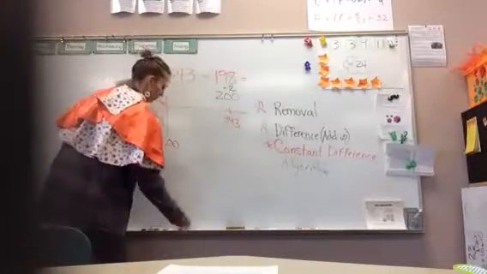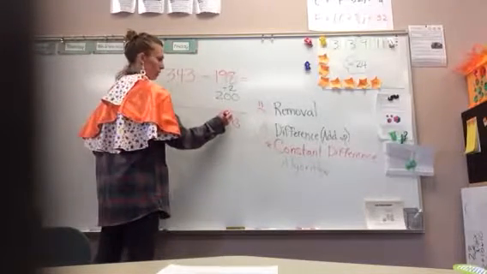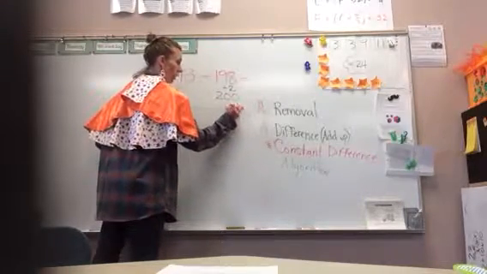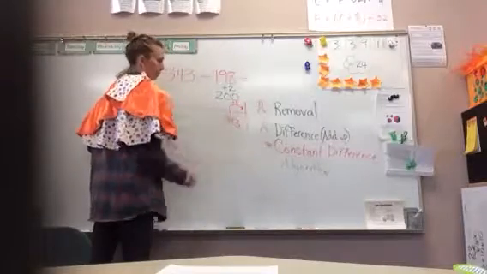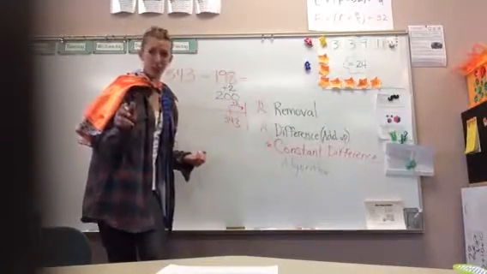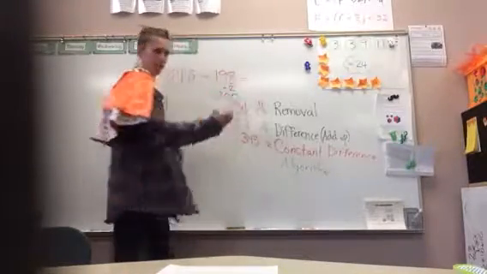So I have taken 198 and I've added 2 to it to make it into 200. But if I do that, and I move this one 2 over, then guess what? I have to move 343 2 over in the same direction. So if I do that, I will land at 343 plus 2, which is 345.